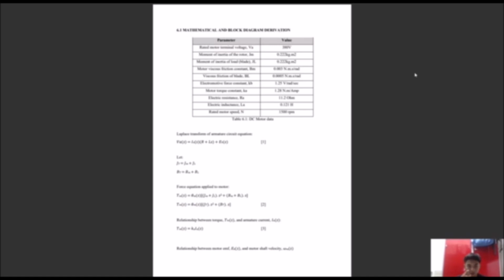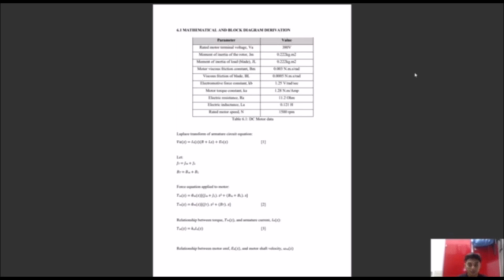After that, the first equation we apply to the motor is Tm(s) equals theta m(s) multiplied by JM plus JL multiplied by s to the power of 2, plus BM plus BL multiplied by s. So we get that Tm(s) equals theta m(s) multiplied by JT s to the power of 2 plus BT multiplied by s.